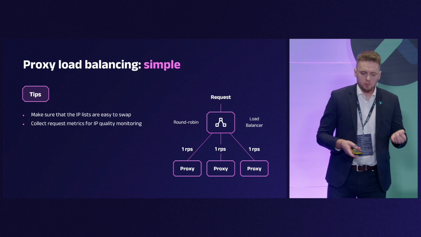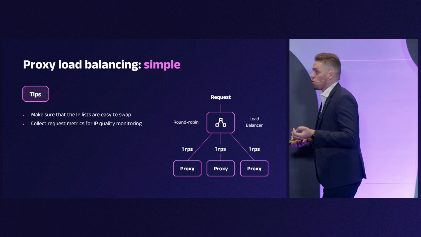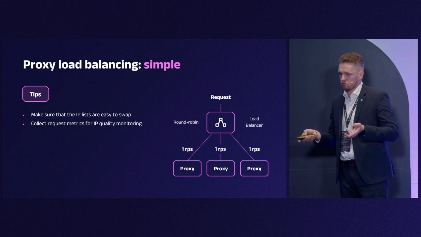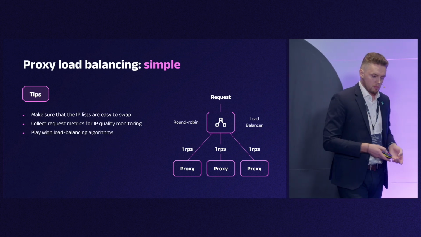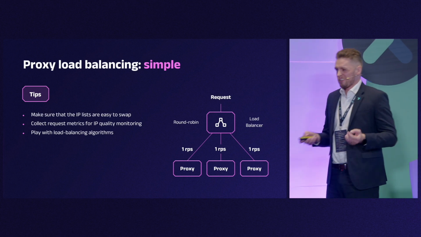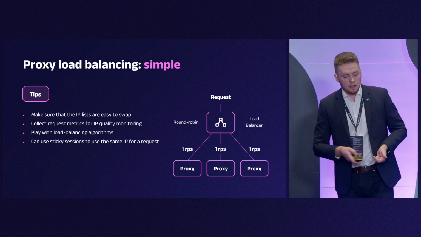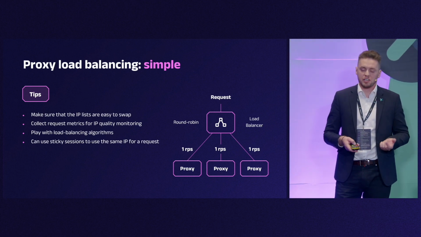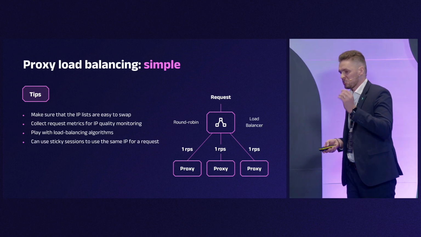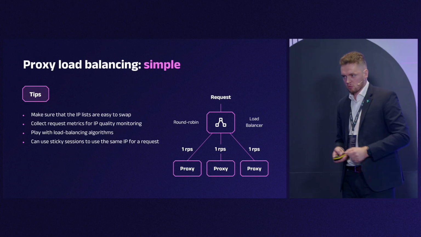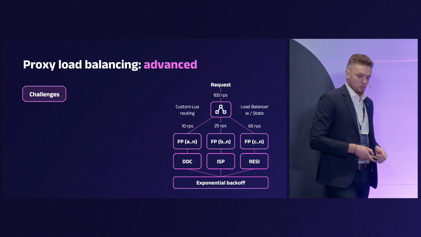Collect request metrics for IP quality monitoring, so you know which proxies are dead. Not the success rate, but which proxies are dead, because you need to replace them or even block them. Play with load balancing algorithms, because there are many, like sticking and non-sticking. We can use sticky sessions, for one request lifetime, to use a single IP to fetch all the resources from the website, right? That's pretty efficient.